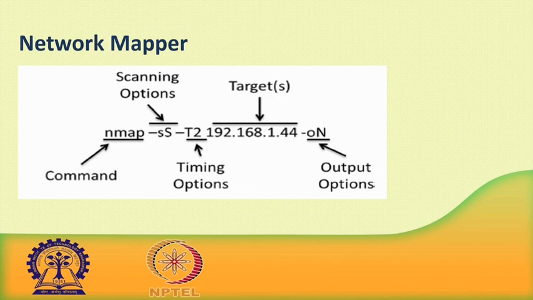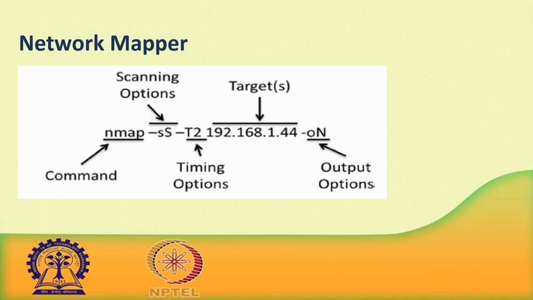Nmap offers a simpler approach with 6 timing templates. You can specify them with the dash capital T option and their number from 0 to 5 or their name.